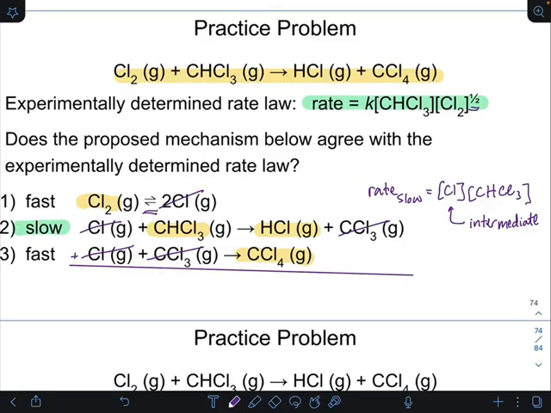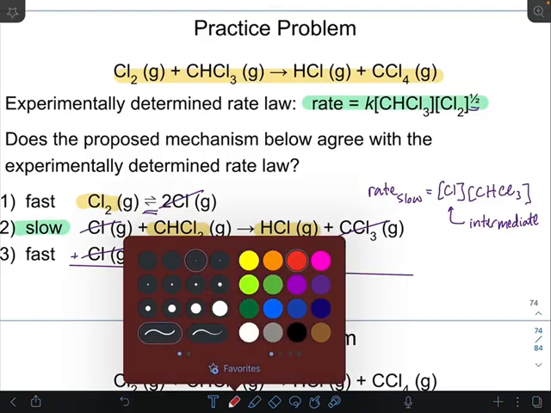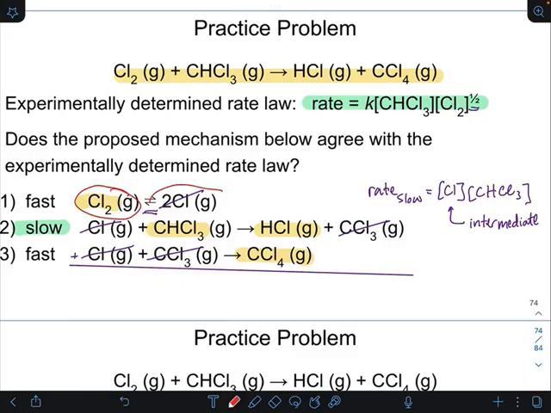So what we have to do is use this fast equilibrium step to determine a relationship between the Cl2 and the 2Cl.